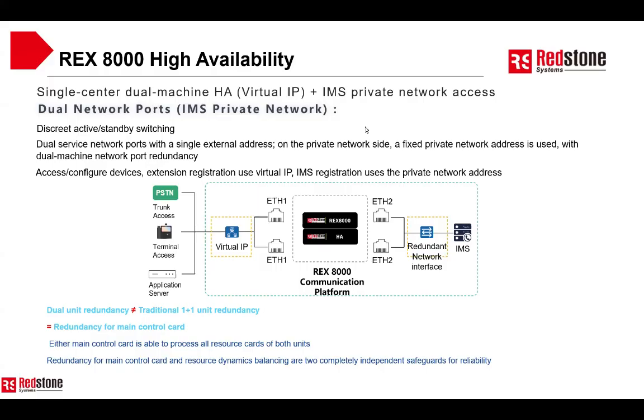The main control card governs the resource allocation. It means it handles the assignment of user registrations and call routing, and the system adopts a dual machine architecture where the control card in the active machine simultaneously manages the 4 resource cards in both the active and standby units, right?